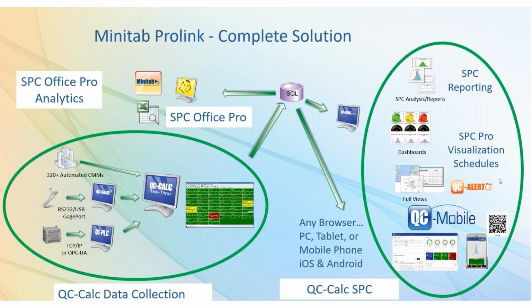I didn't mention it before, but there's also a tool built in here that will let you alert stations out on the shop floor that it's time to take a measurement if they forget when they're supposed to. And then, of course, the SPC Office Pro, which has been a product in Prolink's product line for many years, gives direct and automatic connection to the Minitab MSS product to totally simplify and very much reduce the time used to do any analysis with MSS.